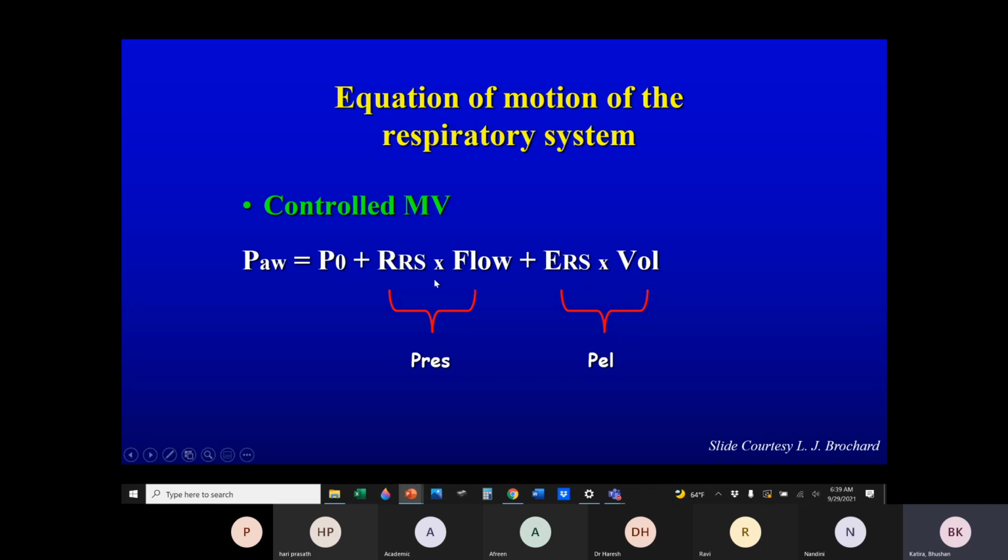A, on the respiratory system, it is the resistance of the airways, but it also is determined by the flow set by the physician or the clinician at the bedside. So the higher the flow you set, the more the resistive pressure will be, even if the respiratory system resistance is the same. And for the same flow, if the respiratory system resistance increases, the resistive pressure will increase.